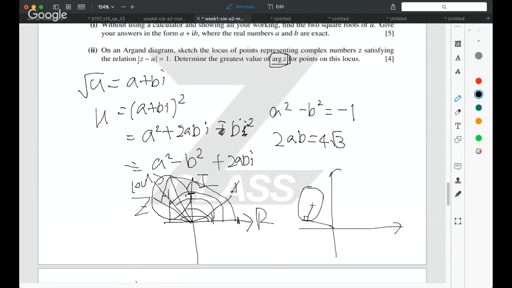So if we make a triangle like this, we want to calculate this angle here.